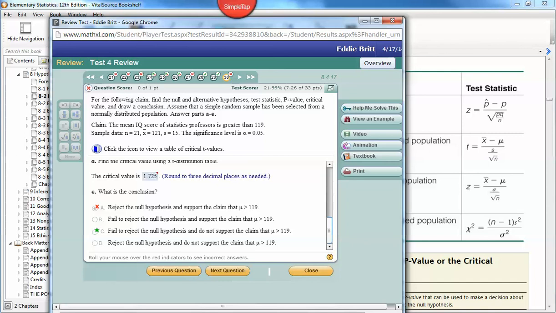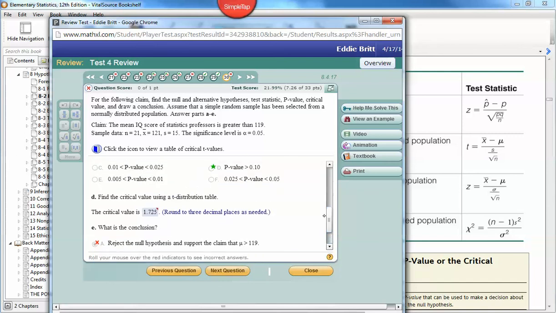What is the conclusion? All right, I would suggest using the p-value if at all possible. You see this right here? Is this included in our region or is it not? If our p-value is greater than 0.1, is that going to be greater than 0.05?